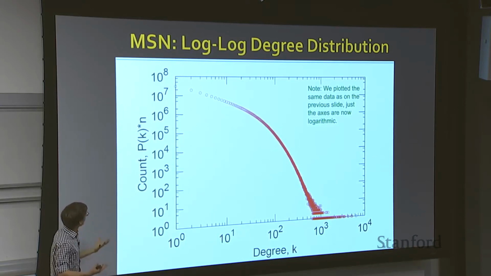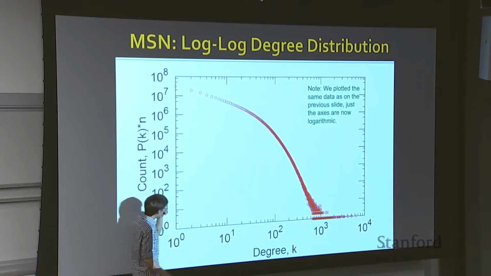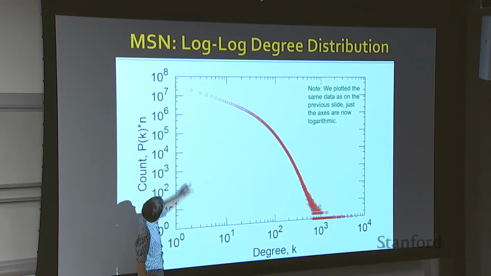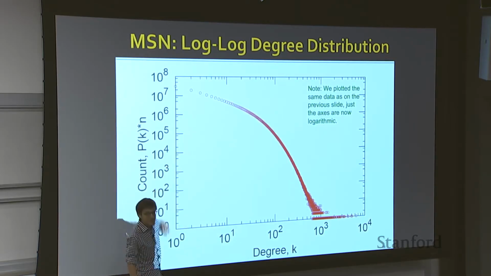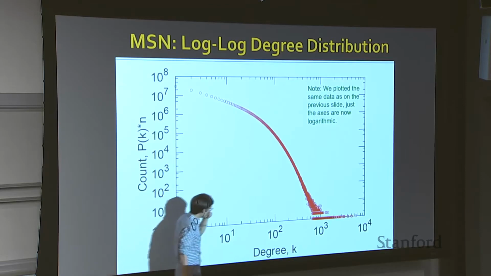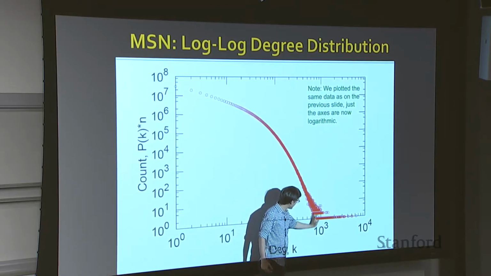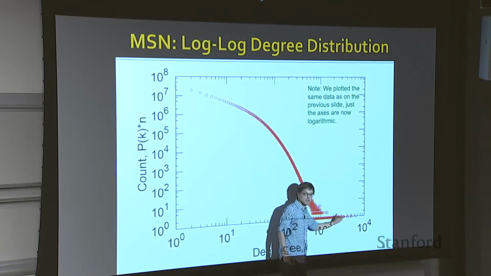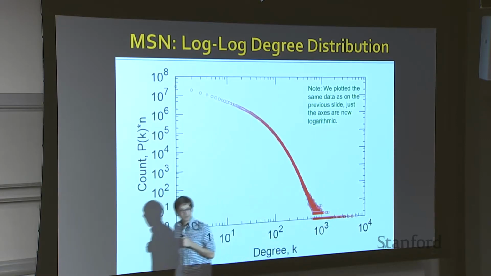What we learn is that the majority of people have very small degree. The number of people with degree 2 is, I don't know, 20 million or so. But if you ask how many people have degree more than, say, 600 or so, these are just single people. There's one person with that degree.